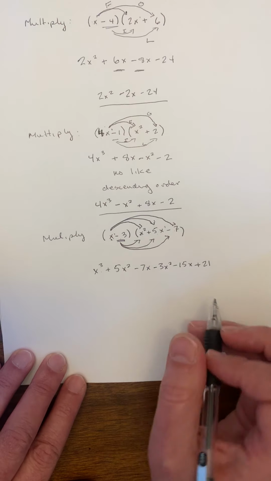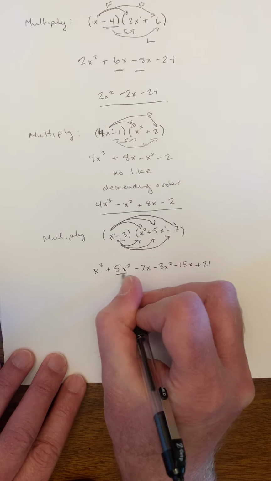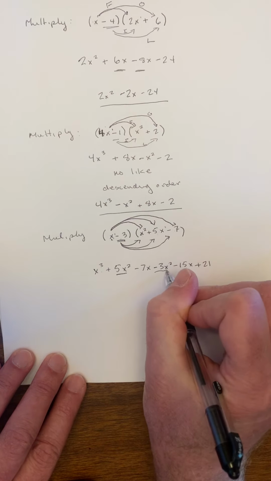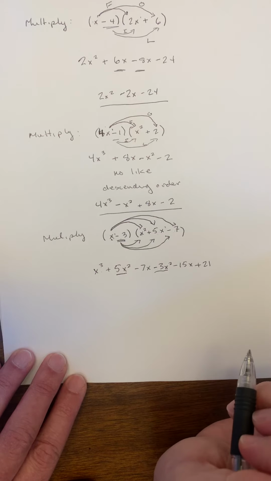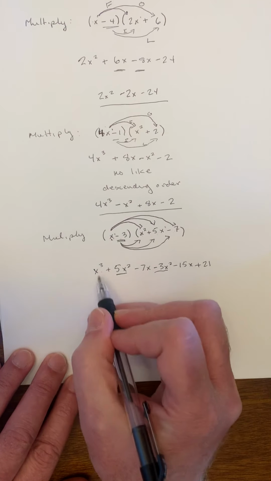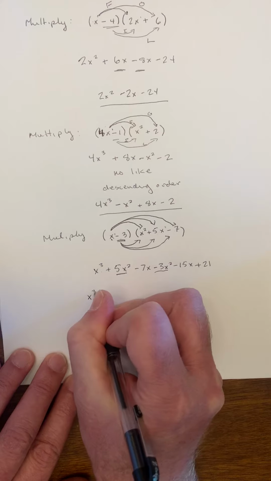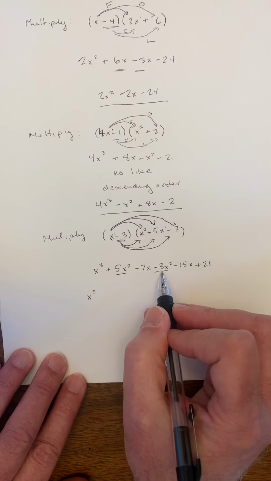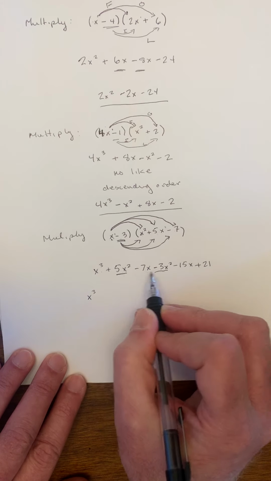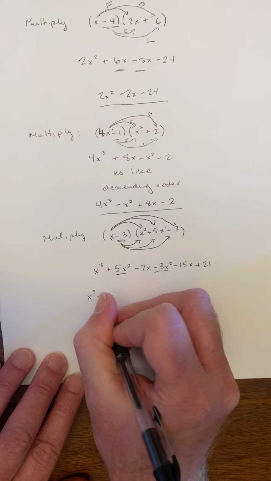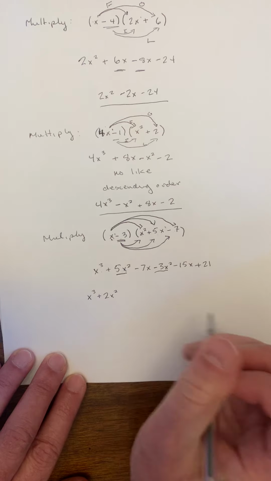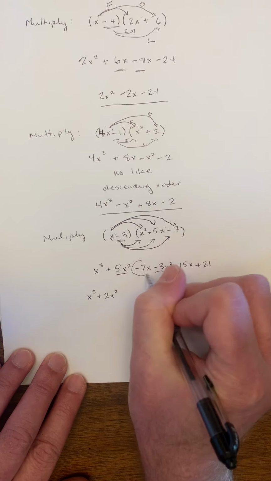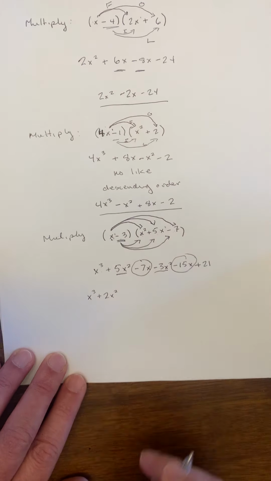Now we're going to look for like terms. I see that there's a 5x squared, and there's a negative 3x squared. Those are like terms. There aren't any other x cubed, so this poor little x cubed doesn't have anything to combine with. He stays by himself, but this 5x squared and this negative 3x squared can combine, so that gives us positive 2x squared. We also see a negative 7x and a negative 15x.